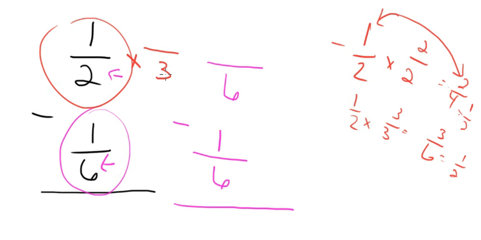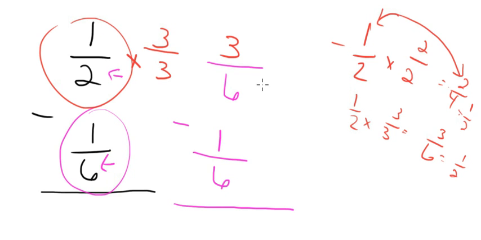Whatever number I have in the bottom, I have to use in the top. It has to total 1. 3 over 3 is 1, right? So I have my equivalent relationship, and when I'm done with this, it's still going to reduce down to 1/2 because I used something like 3 over 3. So obviously 3 times 2 is 6, 3 times 1 is 3, so I have this 3/6 minus 1/6.